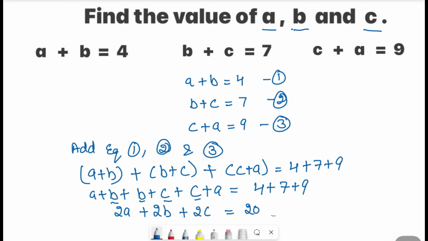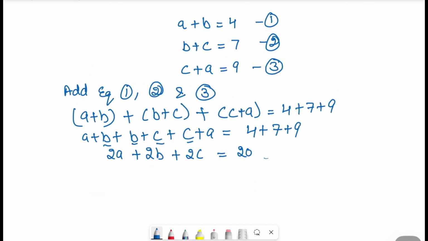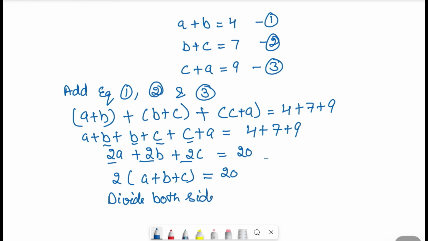So students, since every term on the left hand side contains a factor of 2, we can take 2 as common. So the equation will become 2 bracket a plus b plus c bracket close is equal to 20. Now divide both sides by 2.